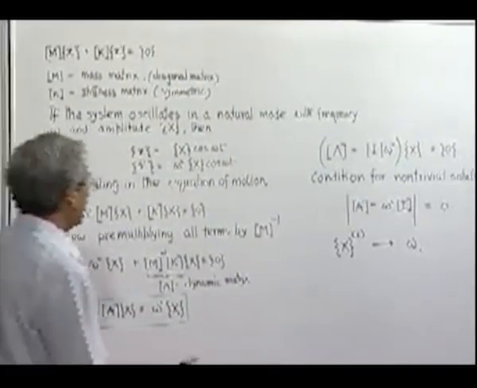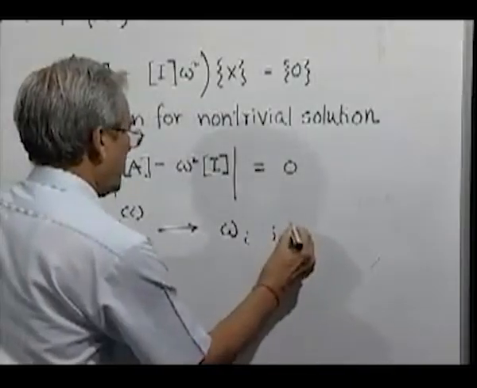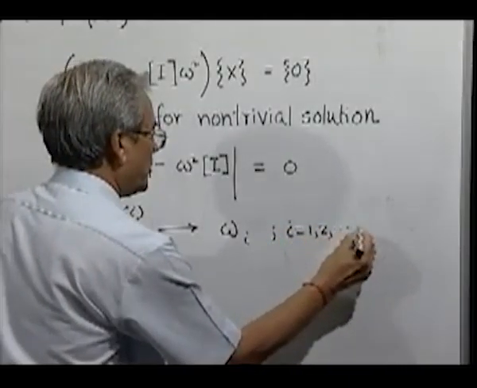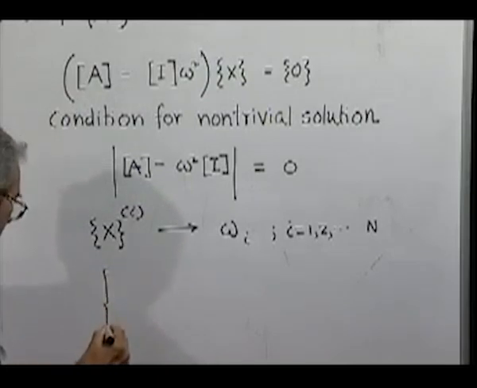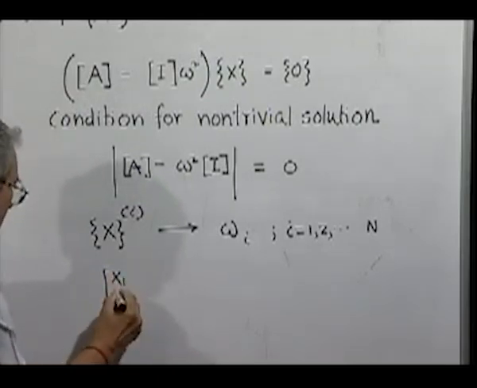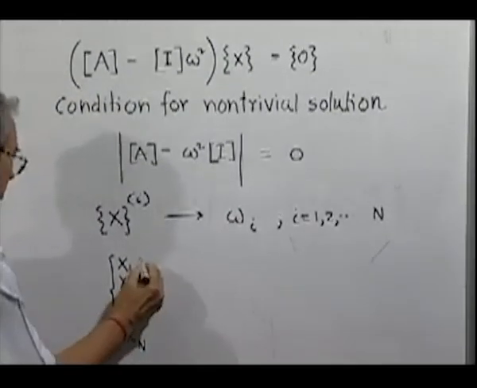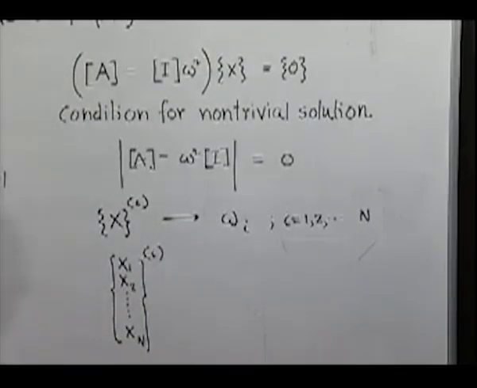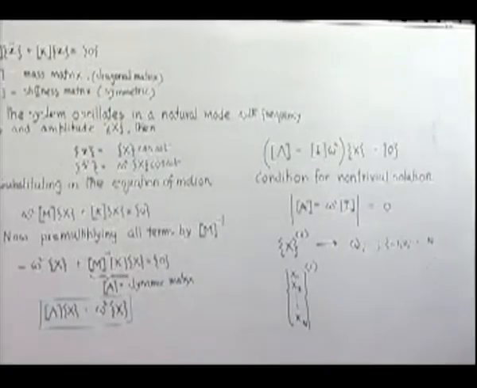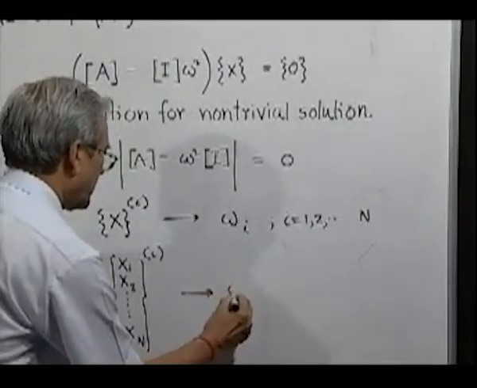If there are n degrees of freedom, then i will vary from 1 up to n. So, n sets of values, that means x1, x2 up to xn, because there are n coordinates, and for the ith natural mode, this corresponds to frequency omega i.